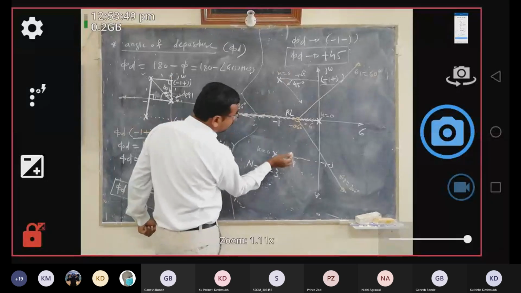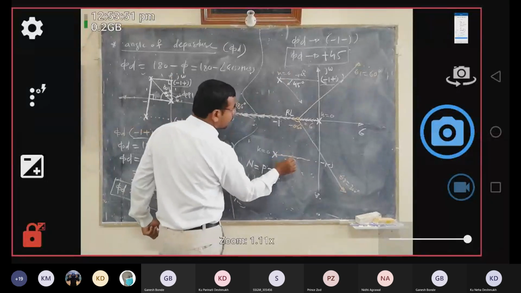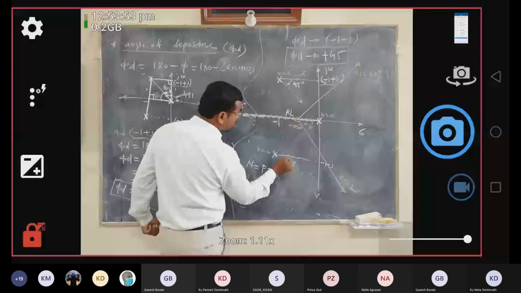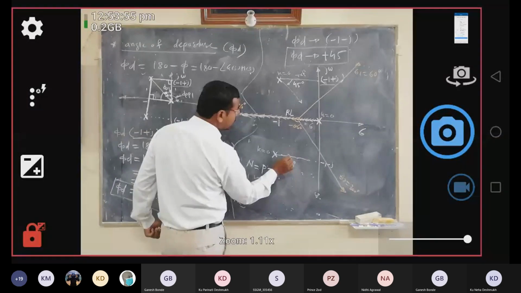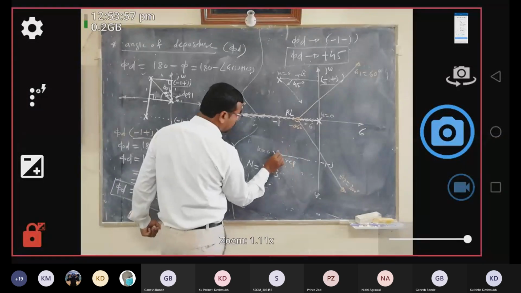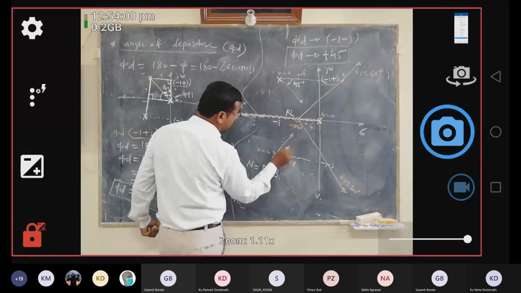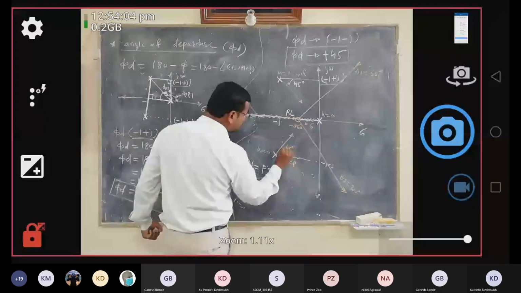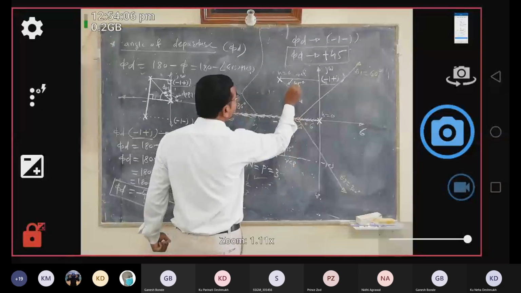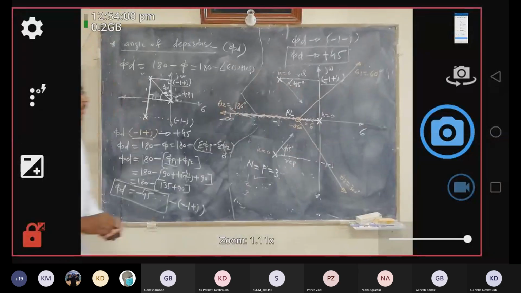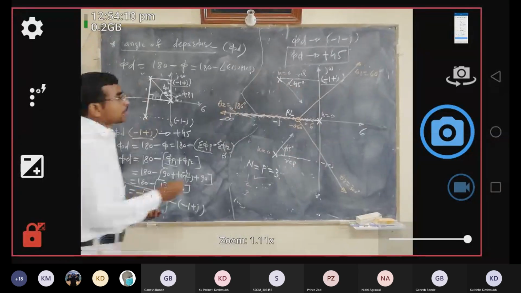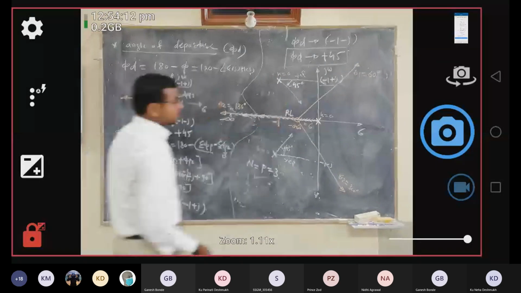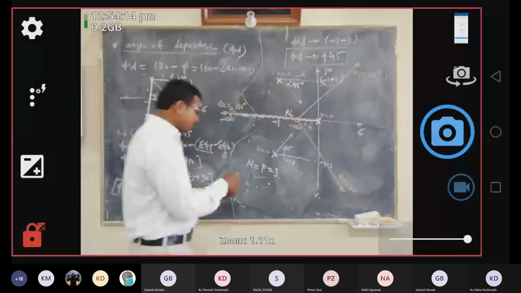Plus angle means anti-clockwise direction, so you can measure with respect to the reference in the anti-clockwise direction. Again you can draw a faint line having an angle of 45 degrees. So this is plus 45, this is minus 45. Here we have drawn phi d.